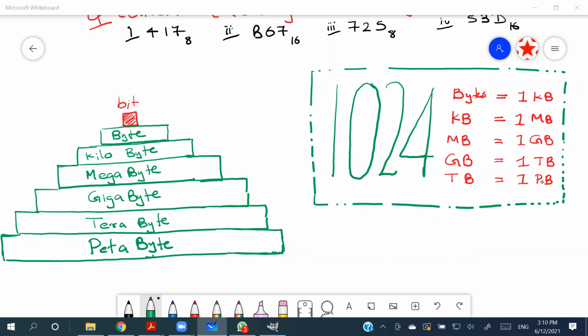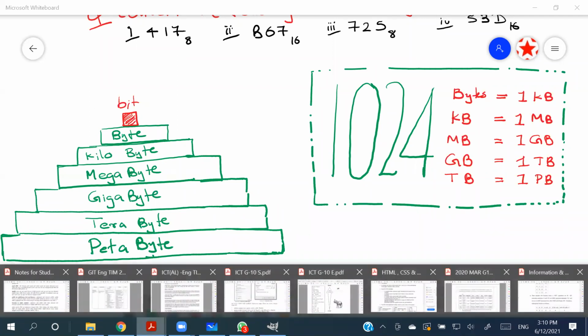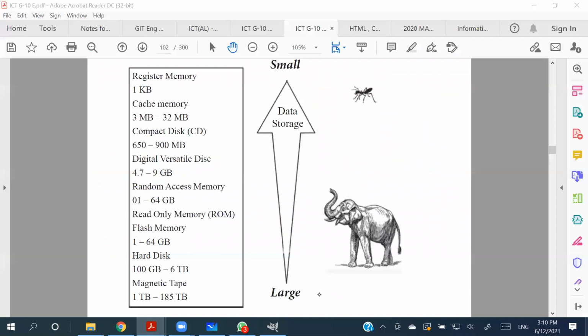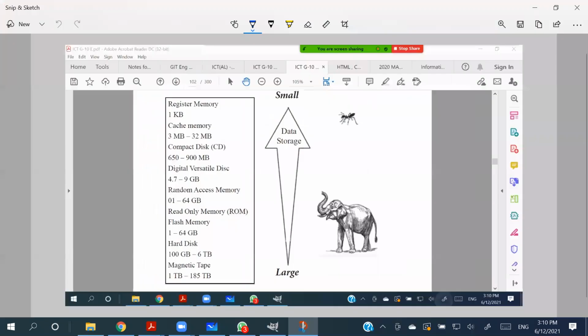Okay. So, no worries. Now, when you consider the capacity of the components inside the computer, register memory is the smallest one, right? Do you remember where this register memory is? Register memory is inside the CPU, right?